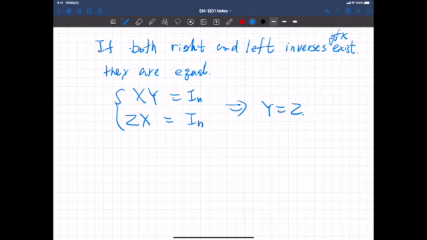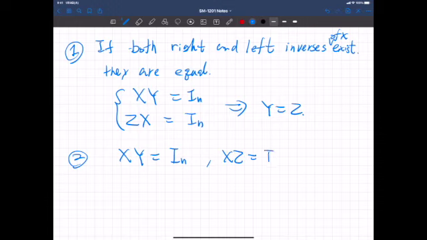So this is one point. And another point: if there are two left inverses, then they are equal. Let's say Y is a left inverse and Z is also a left inverse, then we have Y equal to Z. This means inverses are unique.